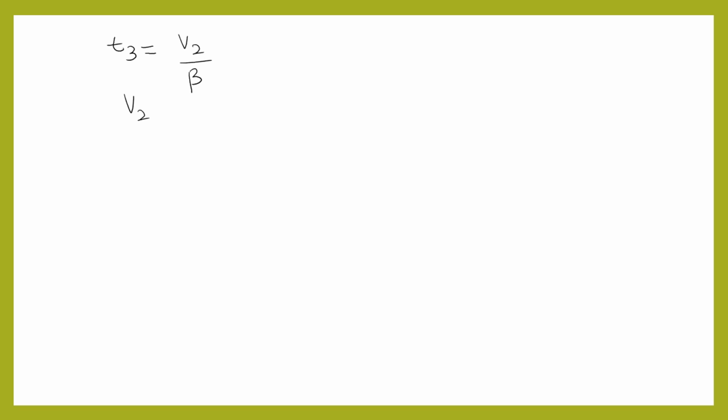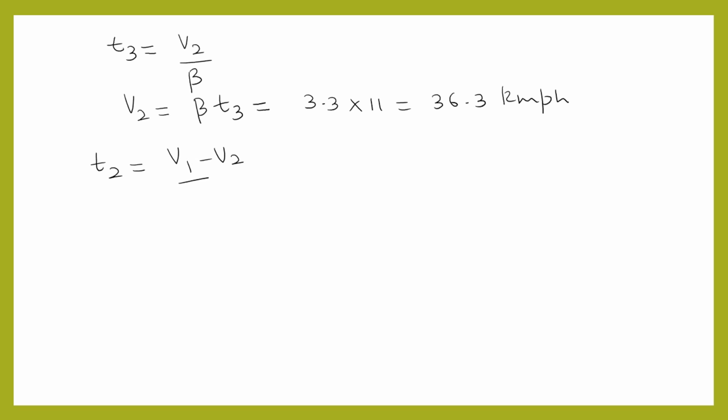So the speed attained at the end of coasting period V2 is equal to beta into T3, that is 3.3 into 11, that is 36.3 km per hour.